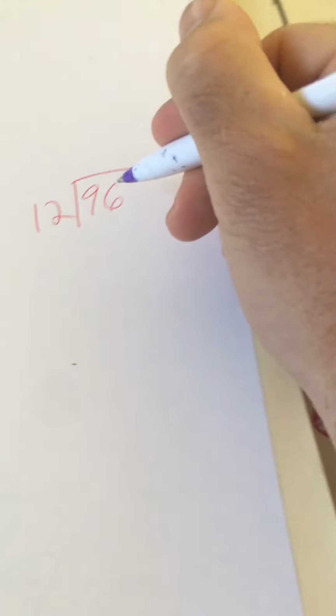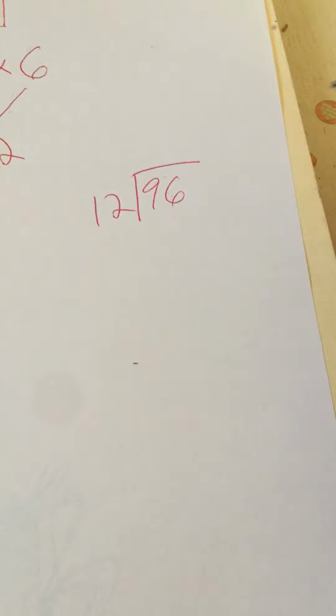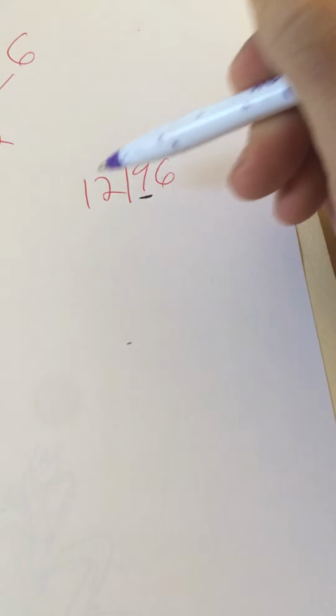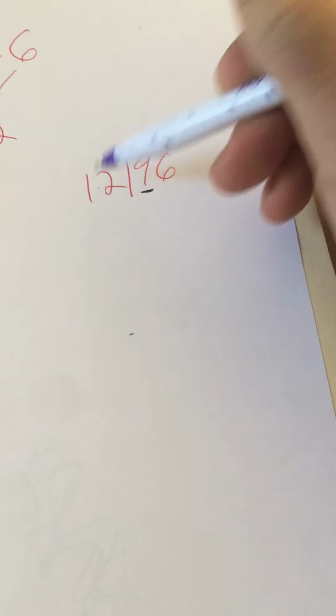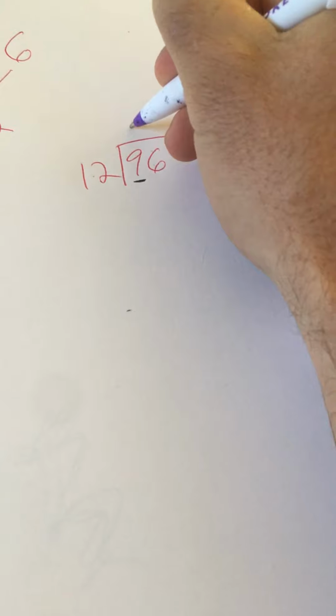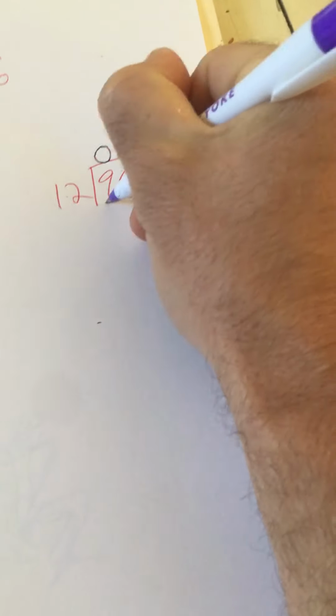So if we had 96 of something and we were making 12 equal groups, we only have 9 tens. So we couldn't put a 10 into each of those groups because there's only 9 of them and we have 12 groups. So now we're going to look at it as 96. So 12 times what gets you closest to 96?